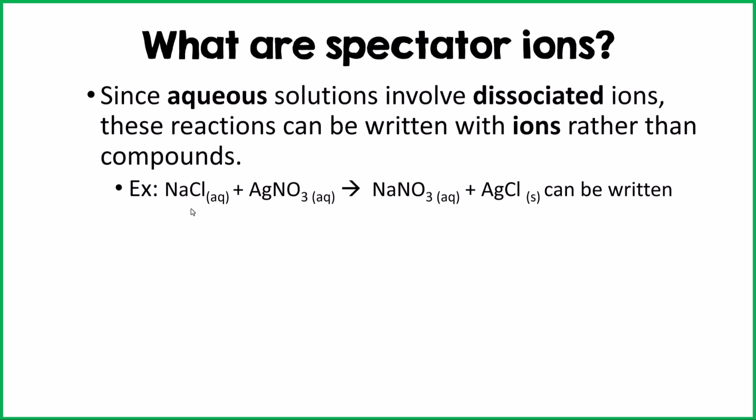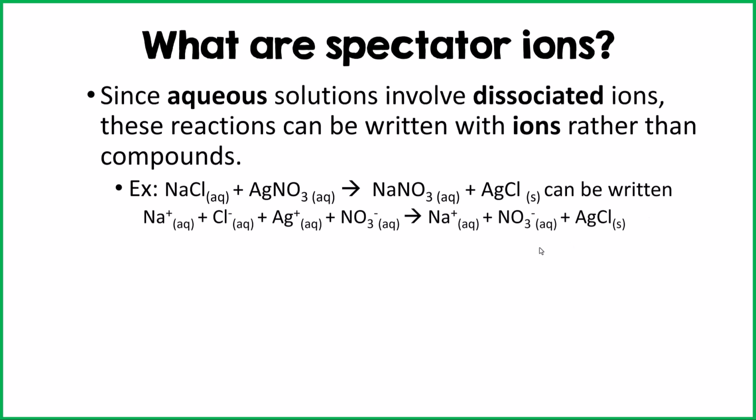So here's another example. If we had sodium chloride added to silver nitrate, and that formed sodium nitrate and silver chloride, we could write this reaction, which has three aqueous solutions here and one solid product. We could write it in its dissociated ions.